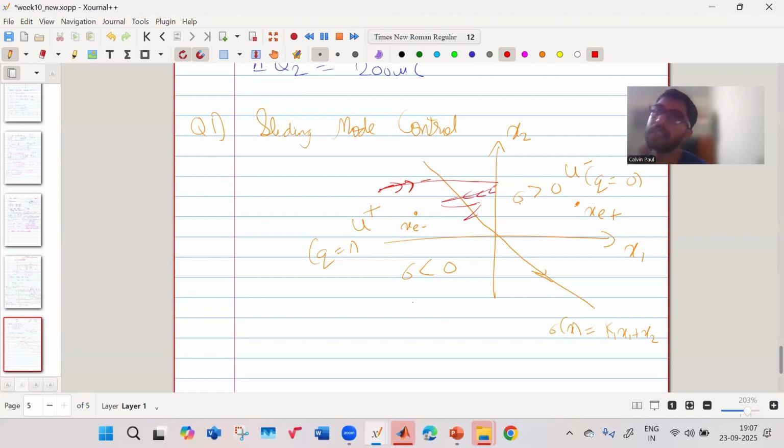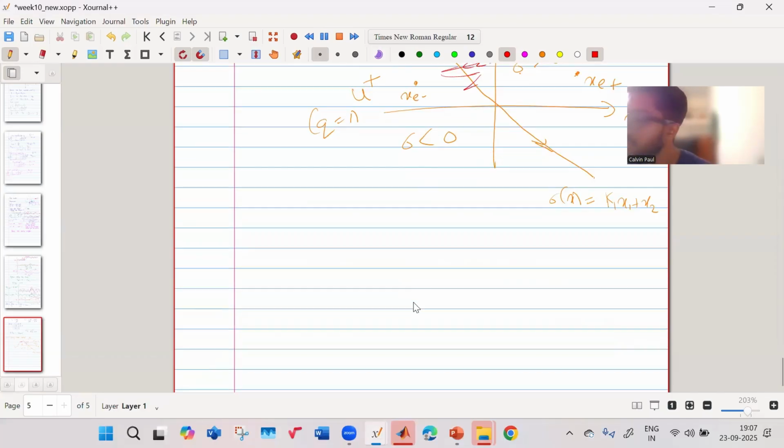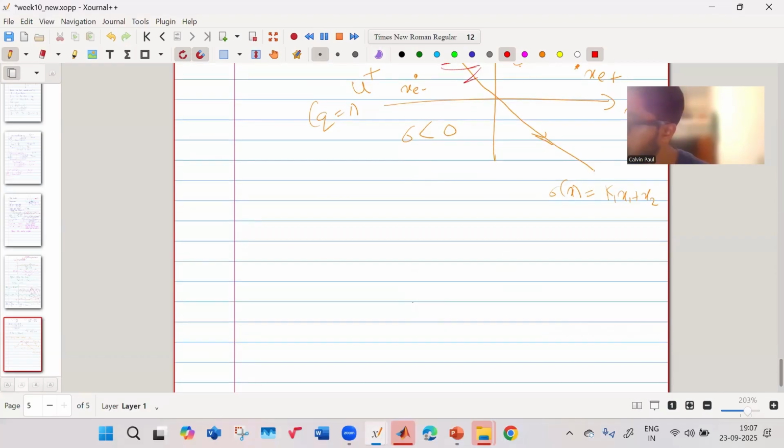Okay. And there are three types of points which sir has told, three different conditions. One is if at a point one vector field is going like this, another vector field is going like this. So this is known as a refractive region. That is, from one side it is going in, from another side it is going out.